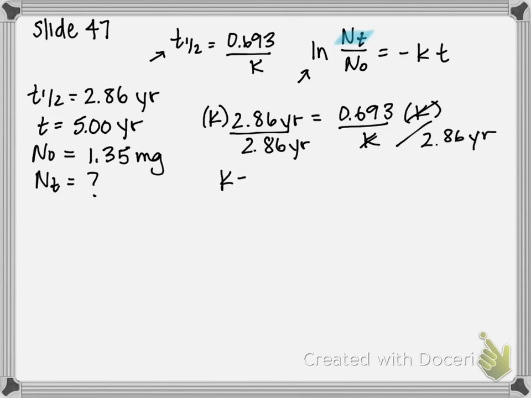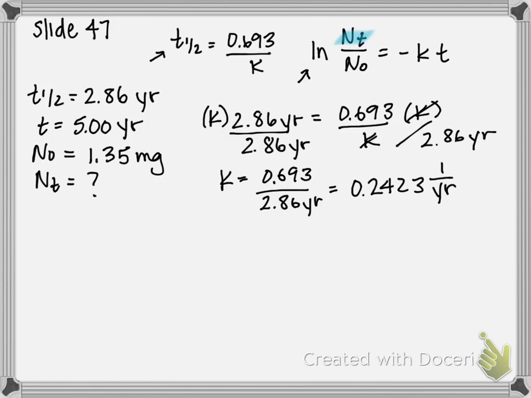So K is equal to 0.693 over 2.86 years, which should give us a rate constant of 0.24231 over years, or inverse years, however you like to write it.